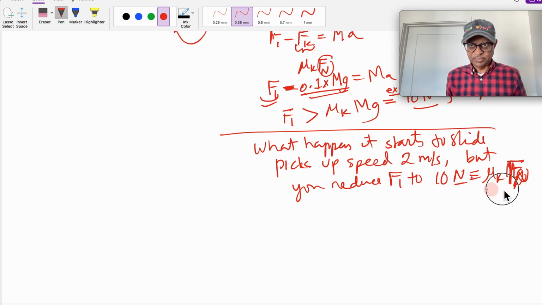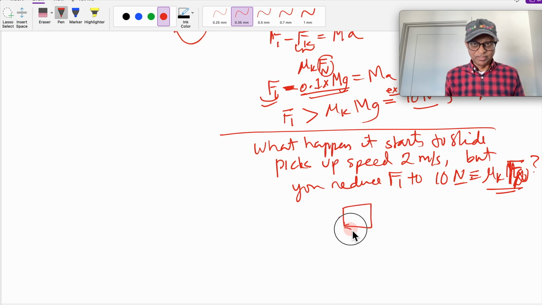You reduce to this value. What will happen? Well, at that point you're applying 10 Newton, you're opposing 10 Newton, which means acceleration will be 0.